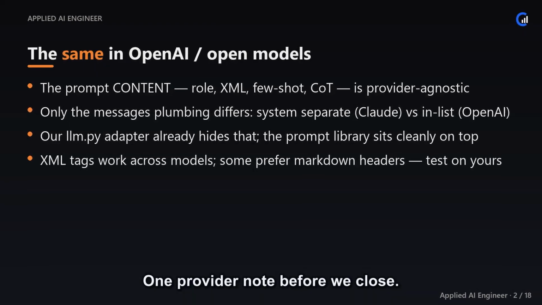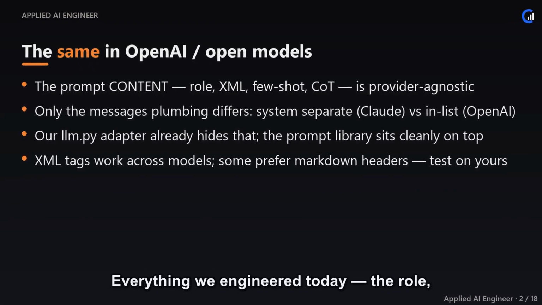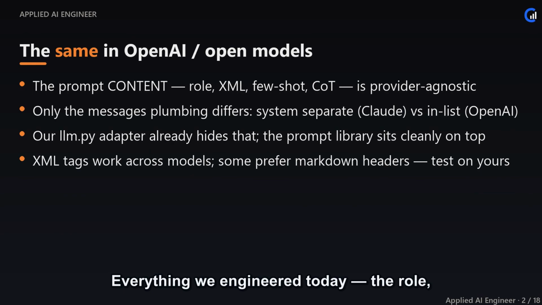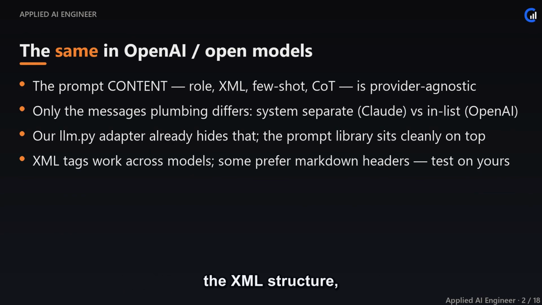One provider note before we close. Everything we engineered today, the role, the XML structure, few-shot examples, chain of thought, is portable. It's just text and it works across Claude, OpenAI, and open models alike. The only difference is the plumbing, where the system prompt goes in the messages list, which our LLM.py adapter from episode 1 already hides.